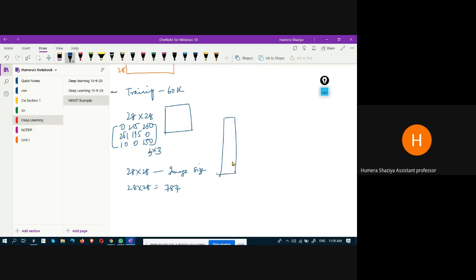This is a vector. It will be one dimensional. So you can make it 0, 255, 250, then 251, then 119, or 195, 0, 10, 0, 150. This matrix has been flattened into a vector.